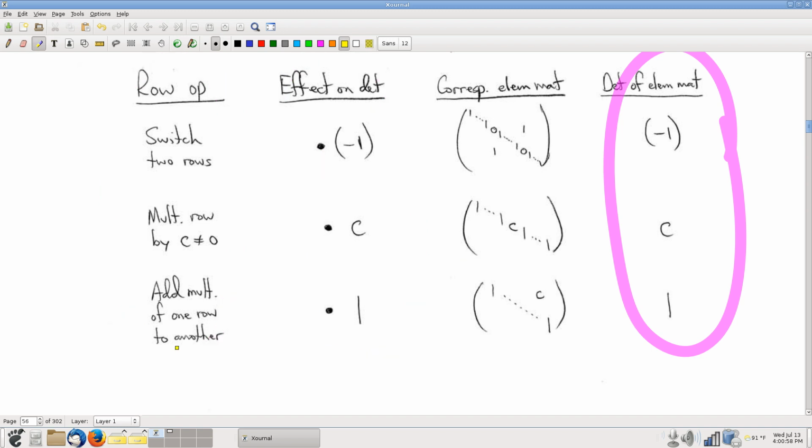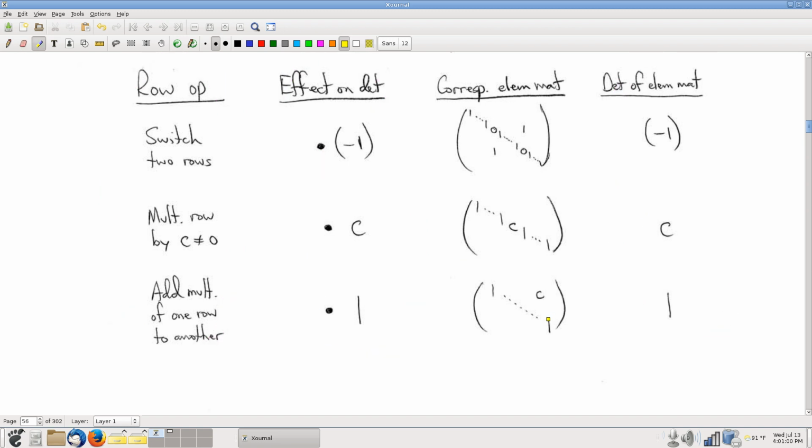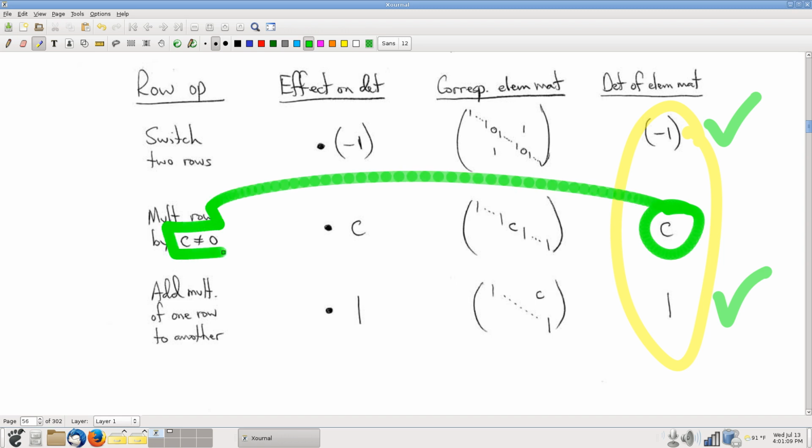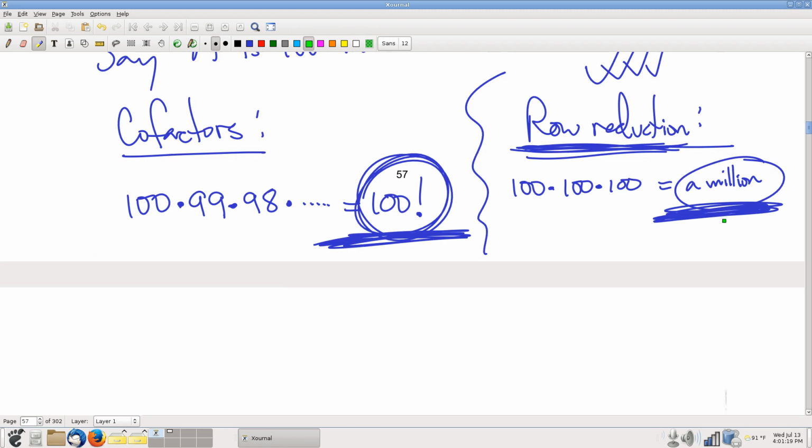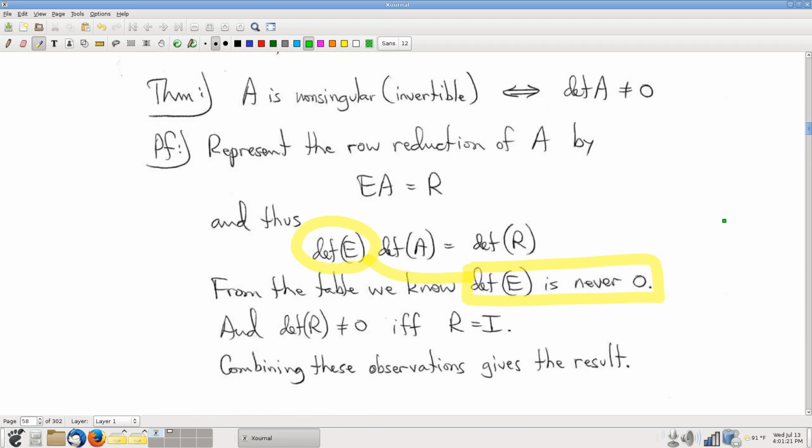Elementary matrices, their determinants are these numbers, which are not 0, not 0, and not 0. So importantly, elementary matrices' determinants are never 0, and therefore likewise for a product of elementary matrices, the determinant is never 0.